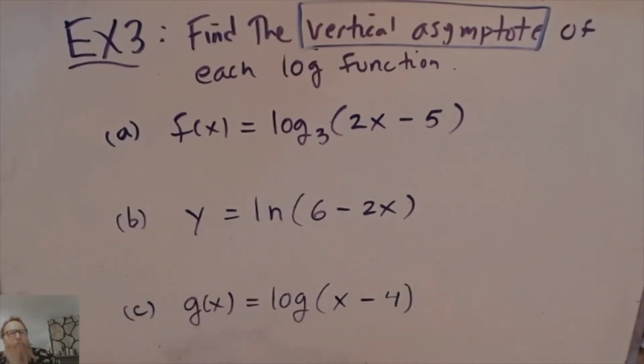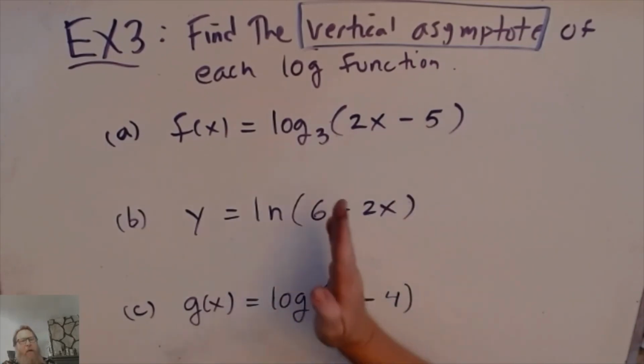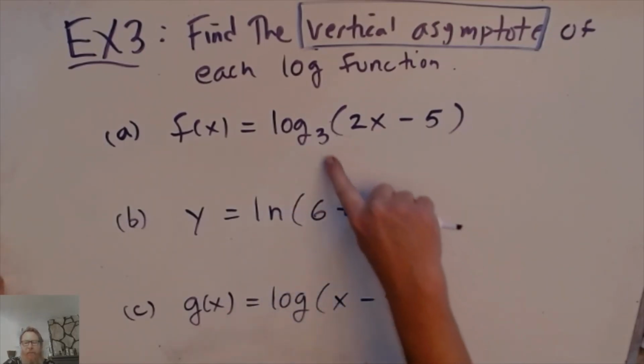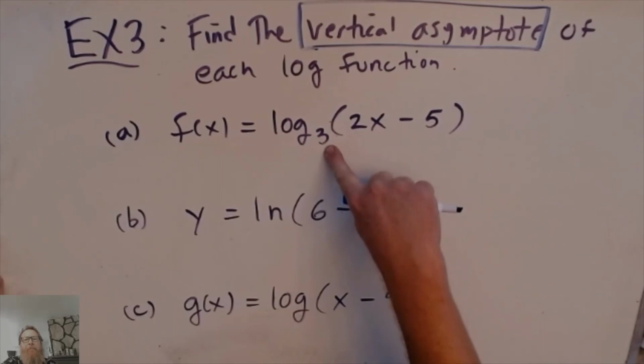When I see a logarithmic graph, the first thing I should be thinking about is where is that boundary line, that asymptote that you cannot cross. The most important piece of information probably of all the topics. I should mention that the base doesn't matter. So we have base 3.